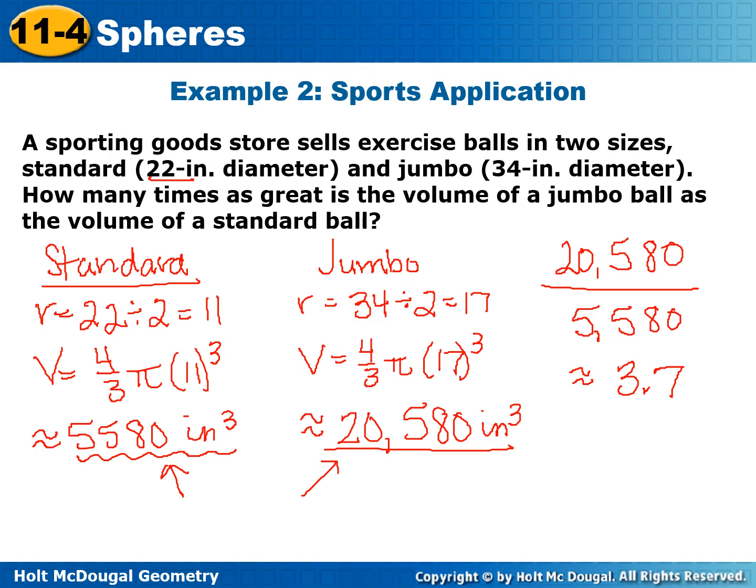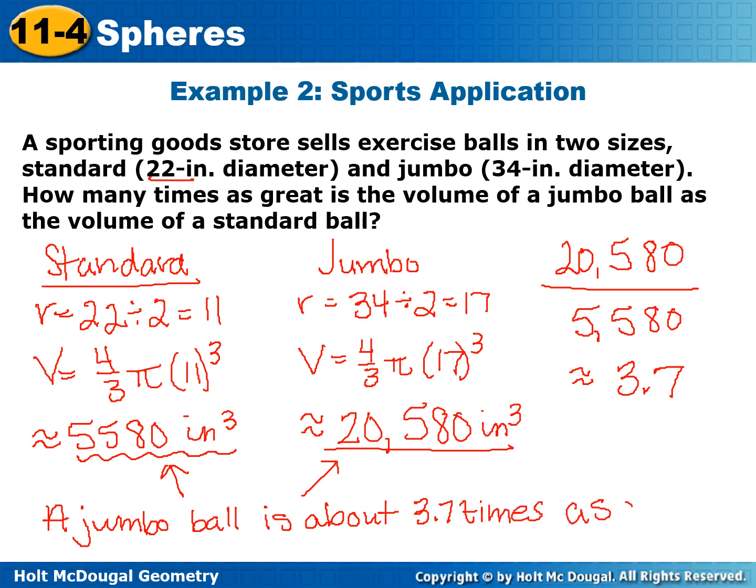So we would say a jumbo ball is about 3.7 times as great in volume as a standard ball.